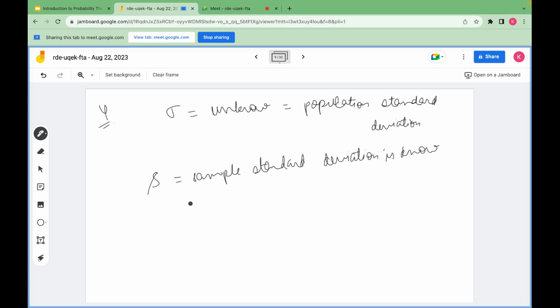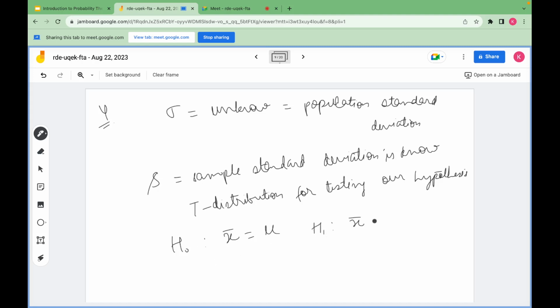So that's why we will use the t distribution for testing our hypothesis. So here H naught is claiming that x bar is equal to mu, and H1 is saying that x bar is not equal to mu.